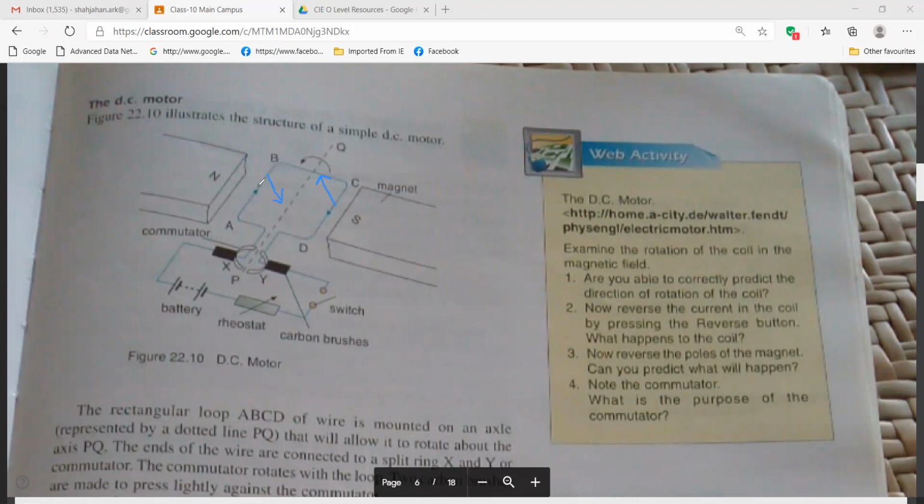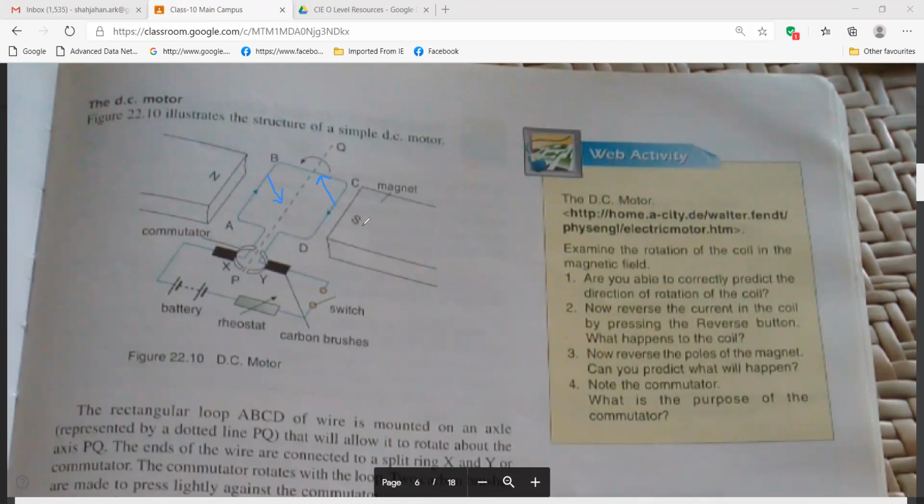So this part of coil will move downwards. So this part CD is going upwards and AB is moving downwards. And that's why we'll have a rotation, right? Turning effect. There will be turning effect in the coil, isn't it?